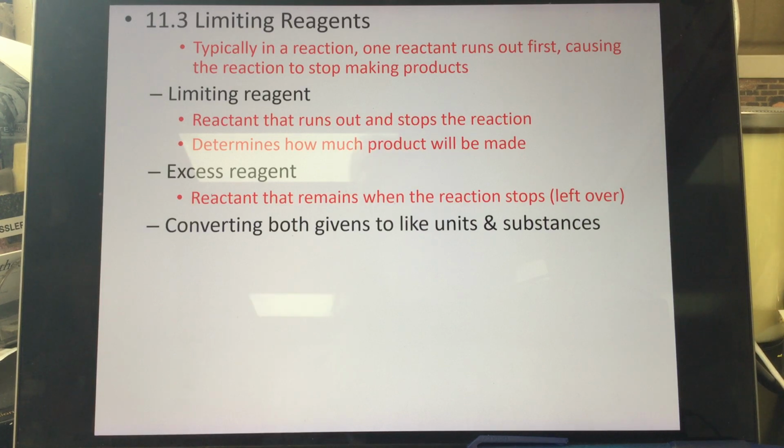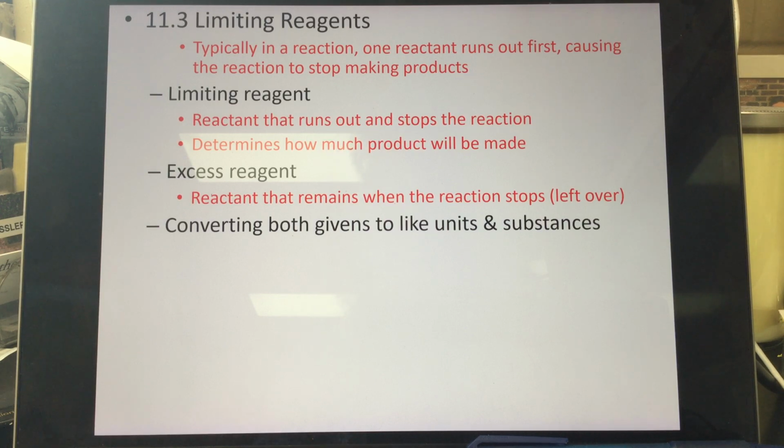Now there can be certain circumstances where both reactants actually run out at the exact same time. That can happen, but it's very rare. So most of the time you will have one reactant that runs out and limits how much product is made because it stops the reaction, and you'll still have some of the other reactant left over.